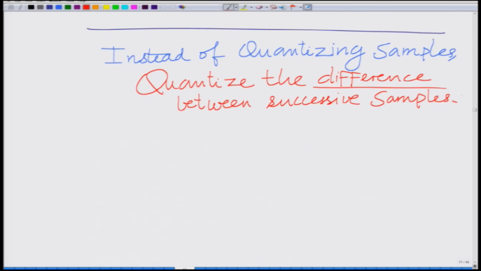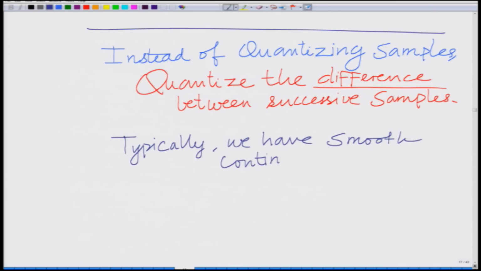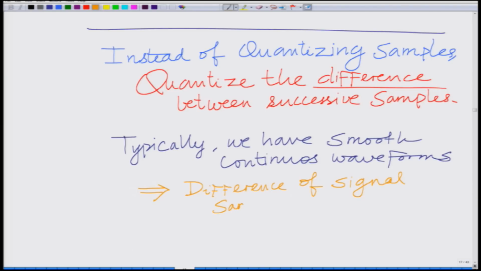When we have continuous signals, we typically have smooth continuous waveforms, which implies that the difference of signal samples is small.